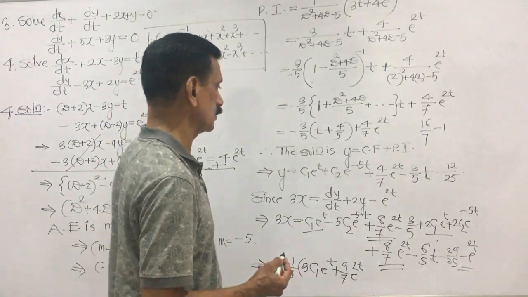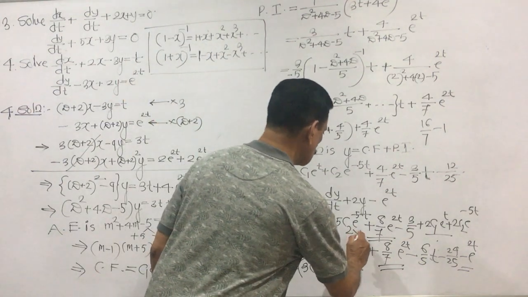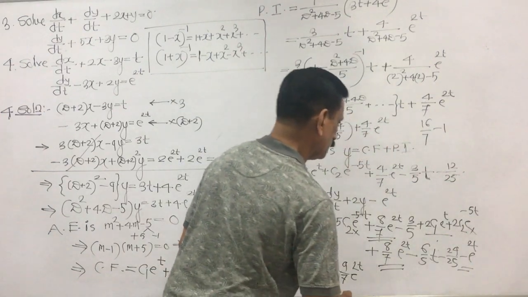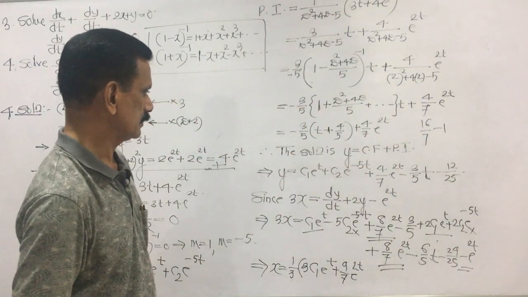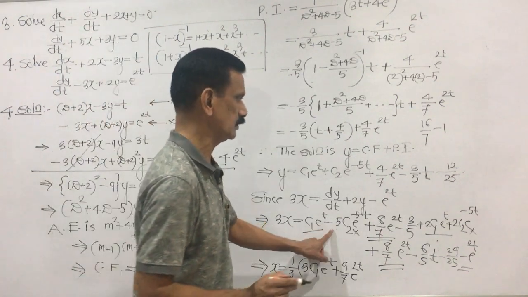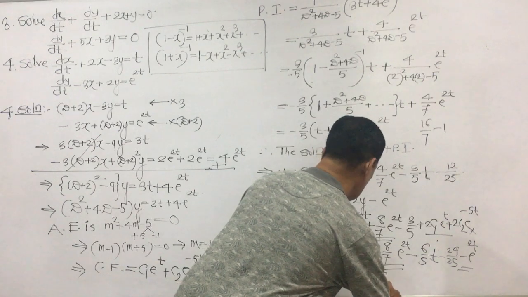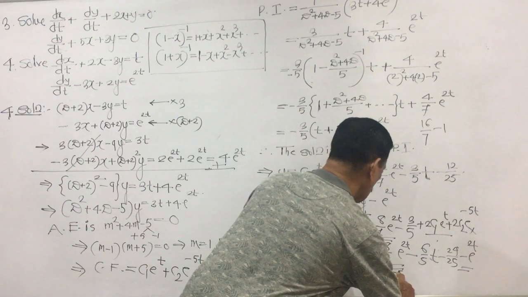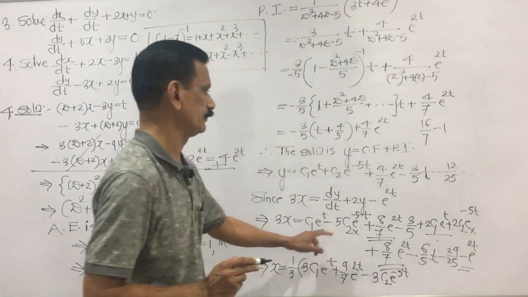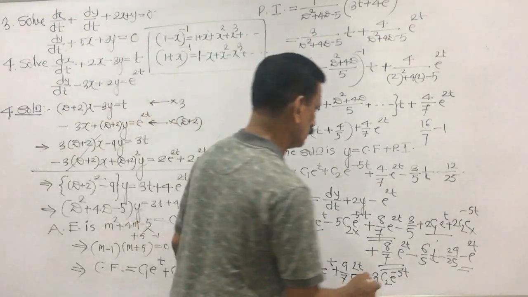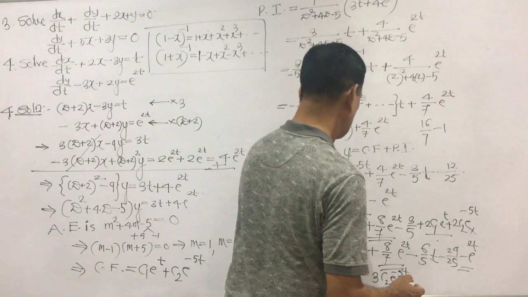After that I am taking e raised to minus 5t. These are the two terms, and see here, minus 5c2 plus 2c2 means we get minus 3c2 e raised to minus 5t. After that I take the term with t. So what are the terms with t?